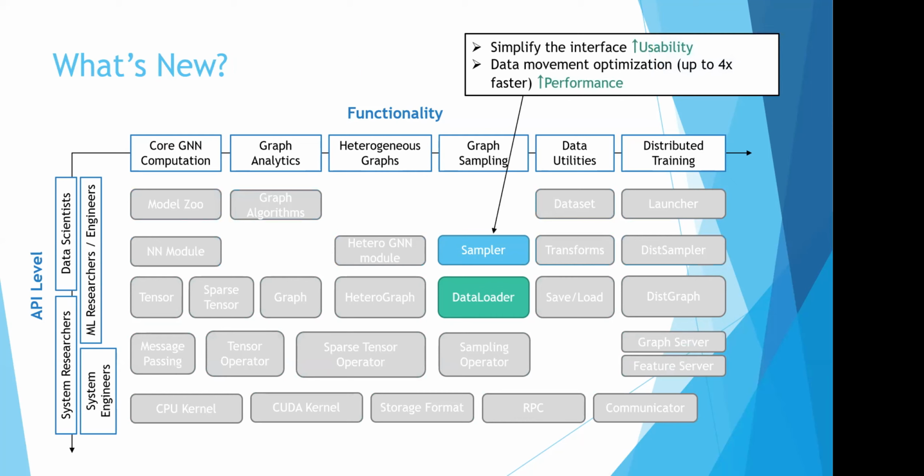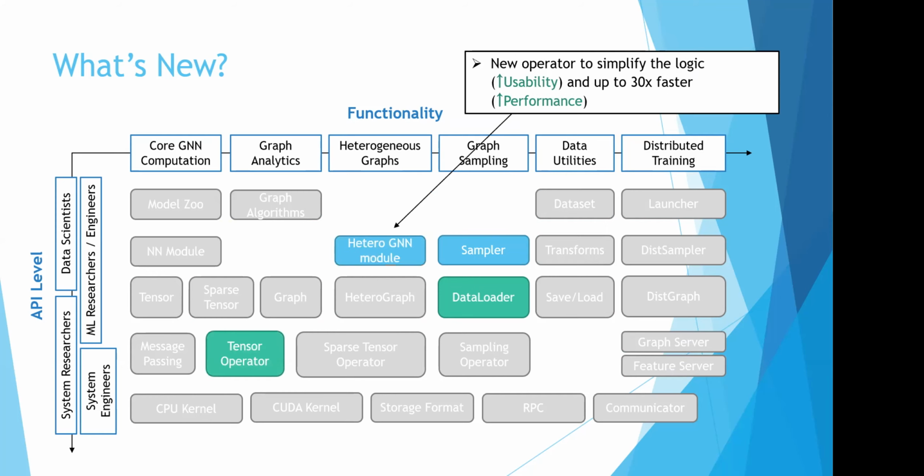We simplified the sampler interface and also optimized the data movement by a lot, so the improvement is in both usability and performance. The other improvement is the heterogeneous graph models. We provide a new operator to simplify the computation of heterogeneous graph neural networks, and the new operator sometimes improves the performance by more than one order of magnitude.